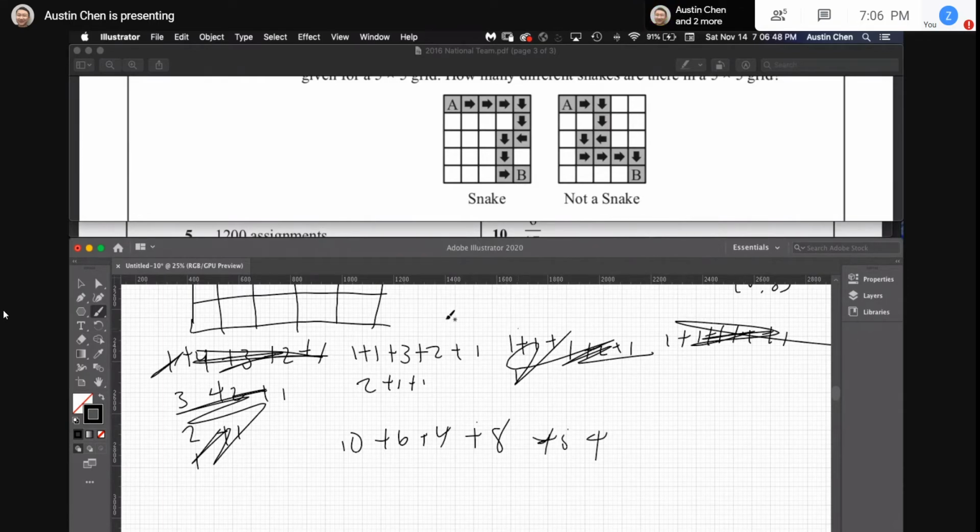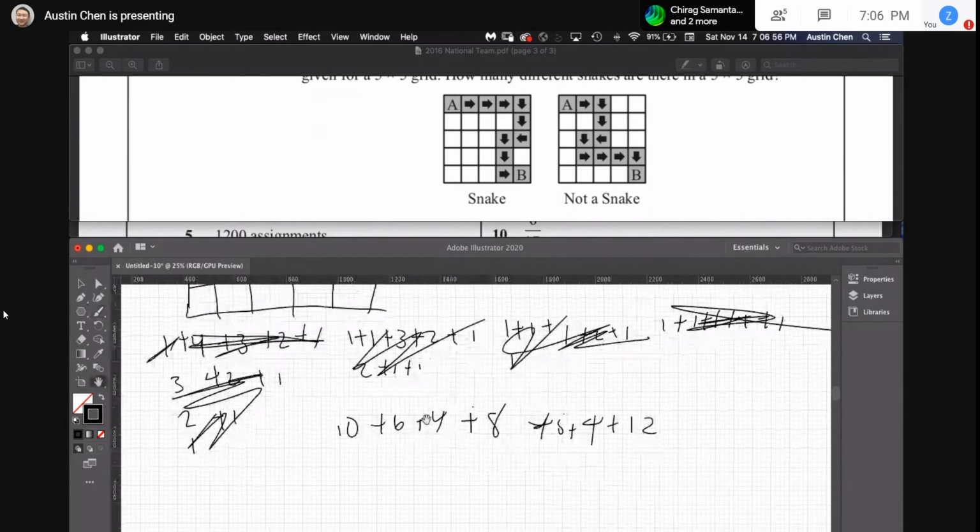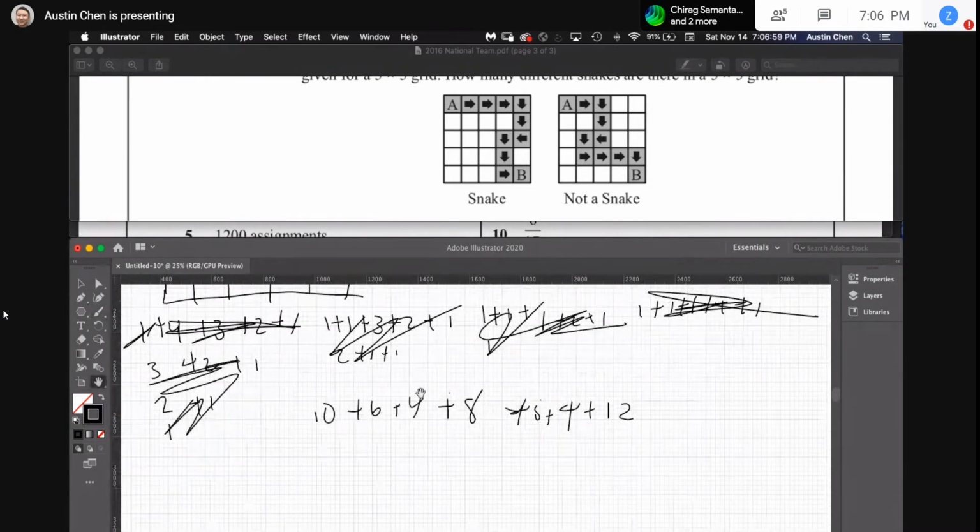And then we're going to have 6 and 4, that's 10, and then 12. All right. And then what's this? Well, that's 10, that's 20, that's 28, that's 32, that's 37, and then that's 49.